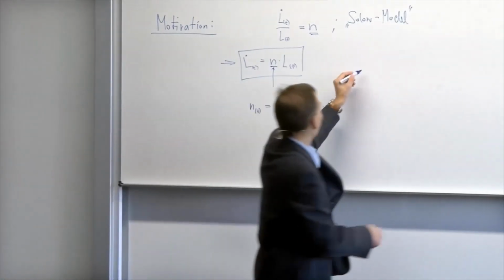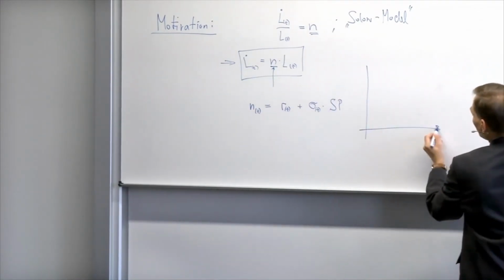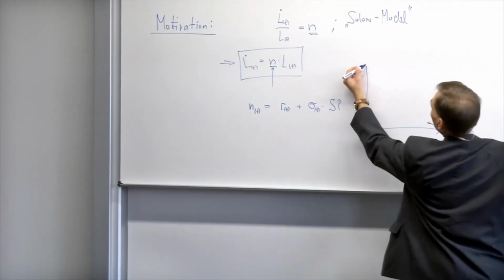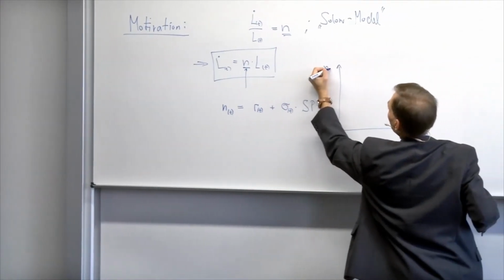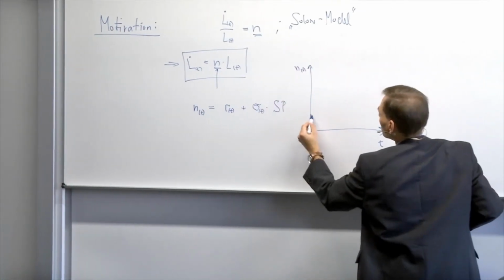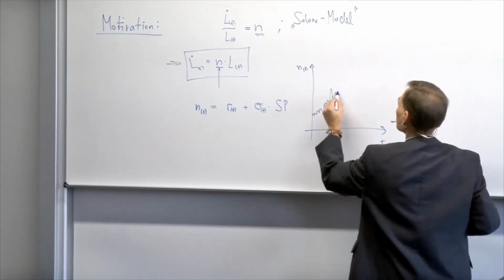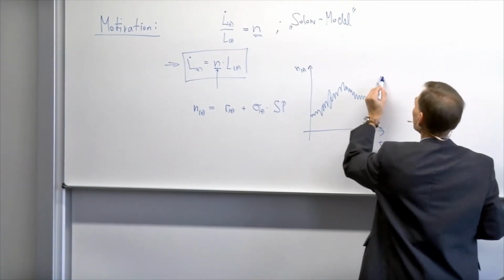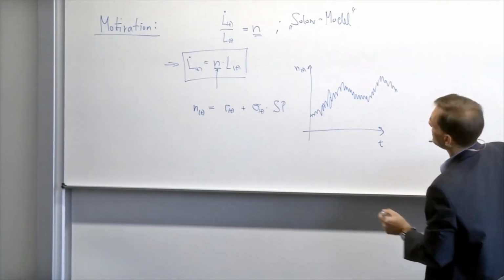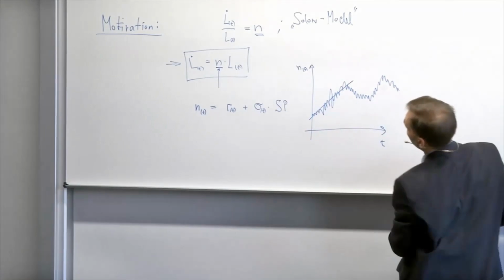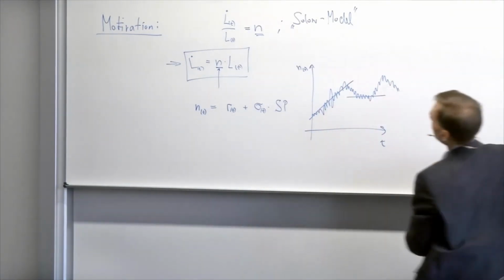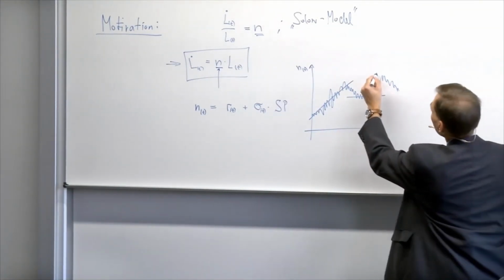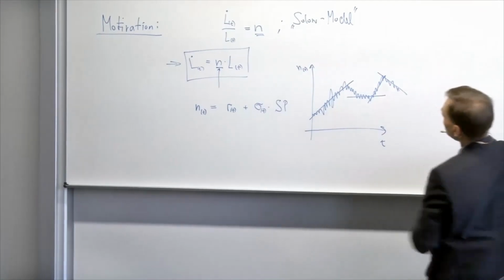In other words, if we look over time at my fertility rate, we will see some curves. You can say here we have a kind of upward trend, then maybe here a kind of sideways trend, and here a downward trend, an upward trend.